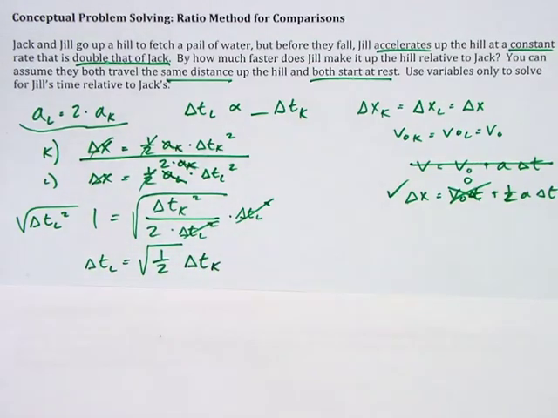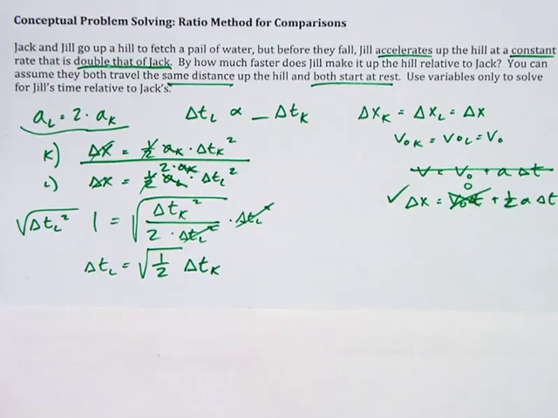Okay, so what I end up with is Jill's time is going to be the square root of 1/2 times the delta t for Jack.